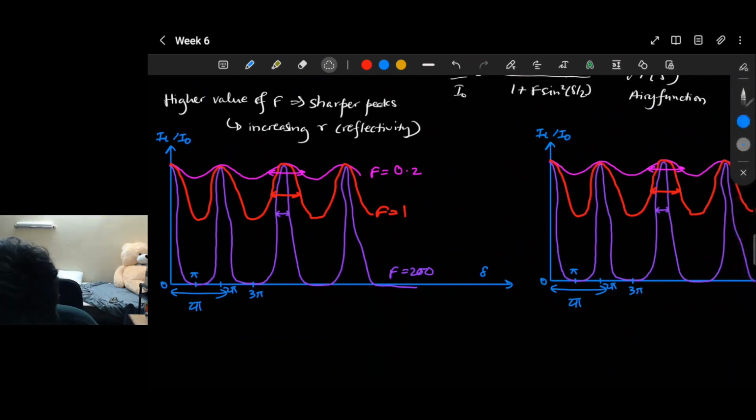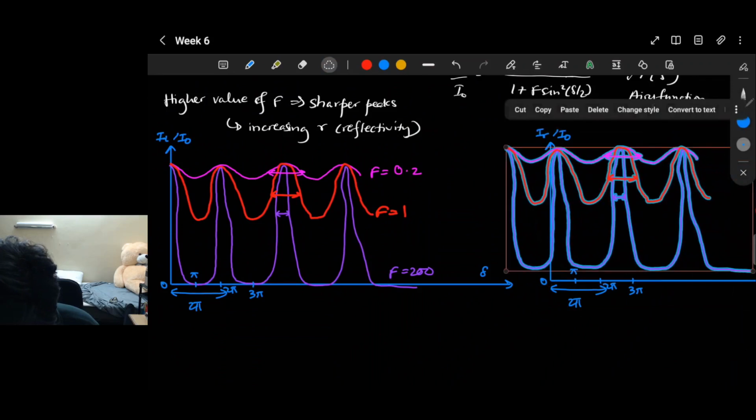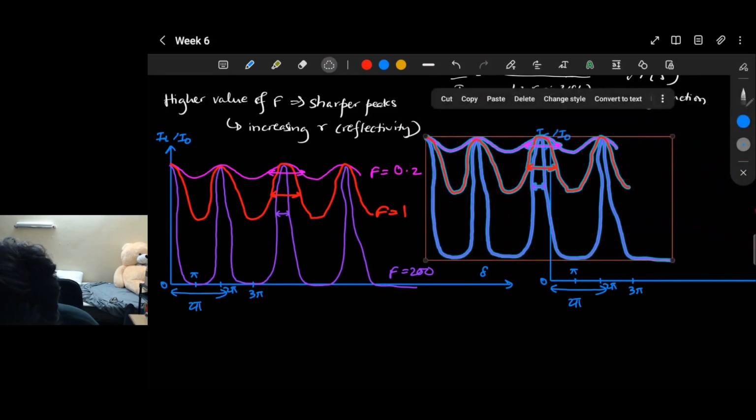So what I will do is, I'll just interchange. And maybe I can try to copy this stuff out. And can I rotate this?